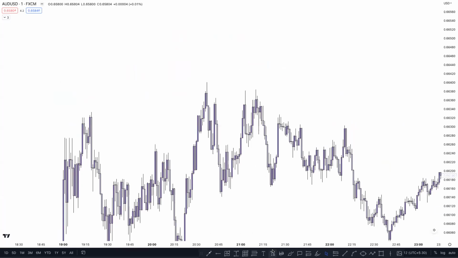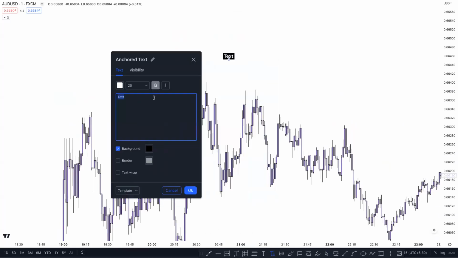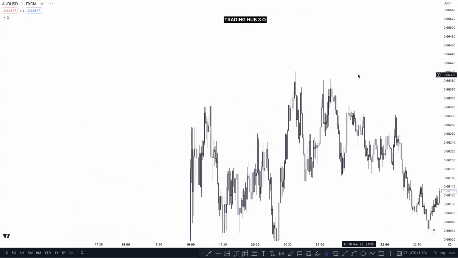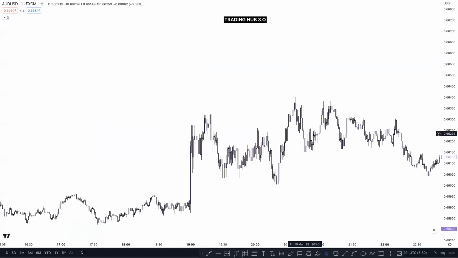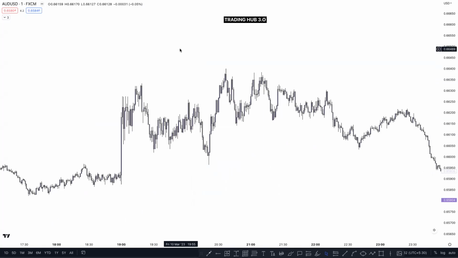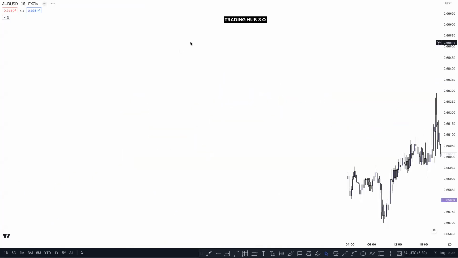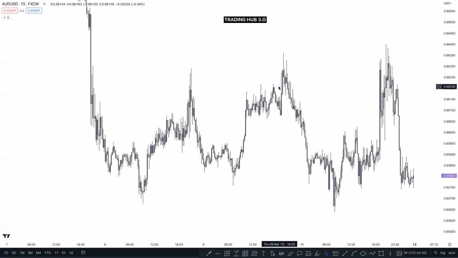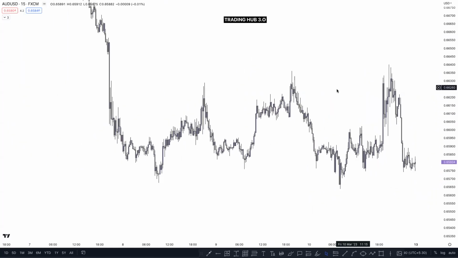So I'm taking the AUD/USD chart as an example, and you can also apply this to any forex currency pair, any market, anywhere, because the principles and rules are similar. First of all, you have to check the 15-minute time frame. You can take any live market or previous data, anywhere.